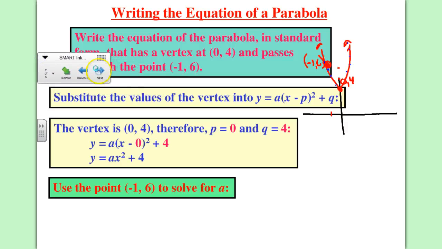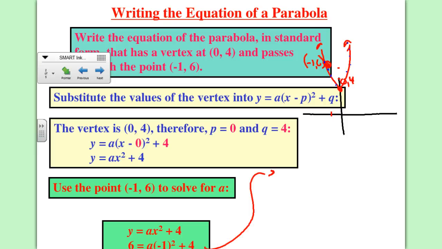If I substitute x and y in there, I now have y equals ax squared plus 4. So I solve it, and I get 6 is equal to a times (-1) squared, which is 1. So 6 is equal to 1a plus 4. If I take the 4 to the other side, I get 6 minus 4, and that means that a equals 2.